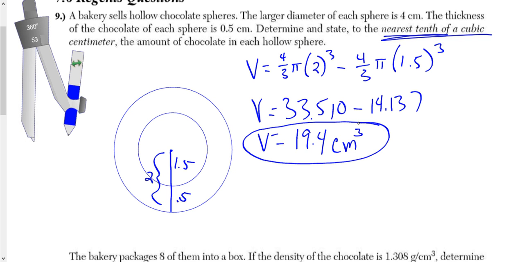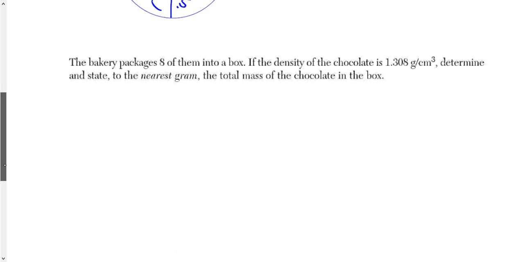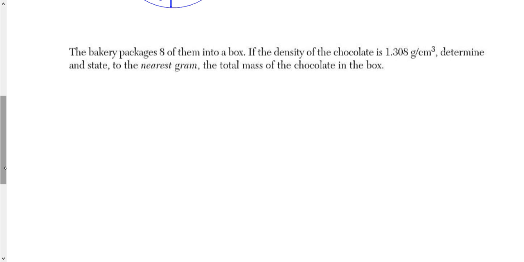All right, let's go to the second part of it. Read this carefully here. How many of these go in a box? 8. So our volume that we use is not going to be 19.4, right?